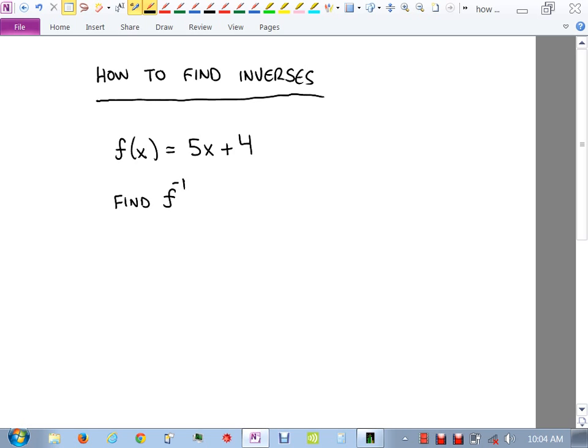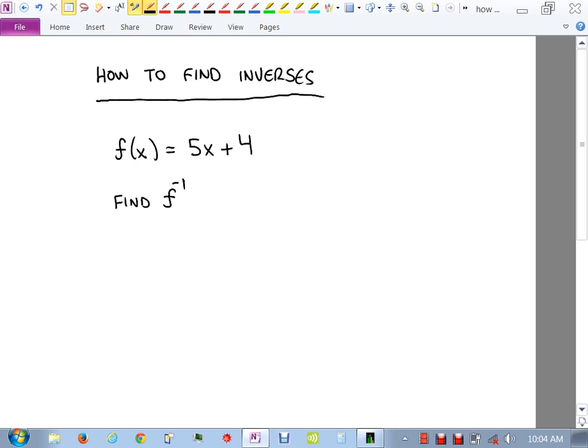If it doesn't, tell me why not. Why? What did I just show you? How to determine if something has an inverse graphically? What do you have to use? Horizontal line test. Well, that would mean you need to know what this looks like.